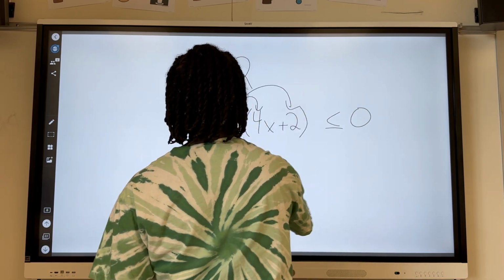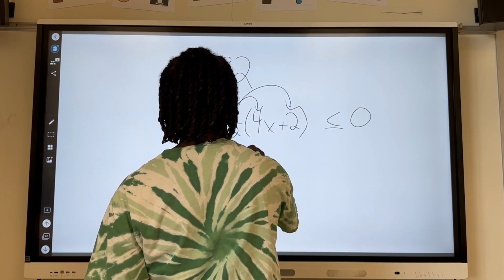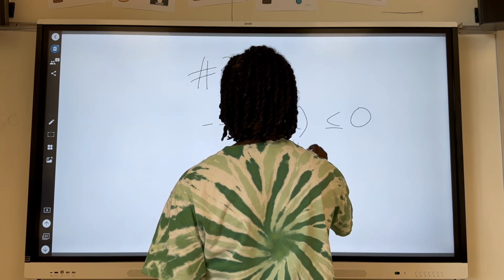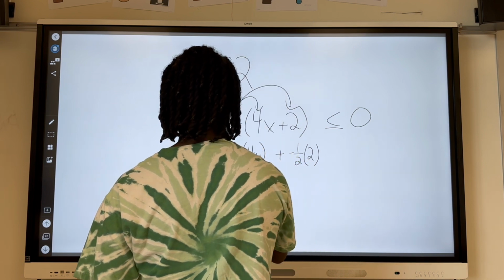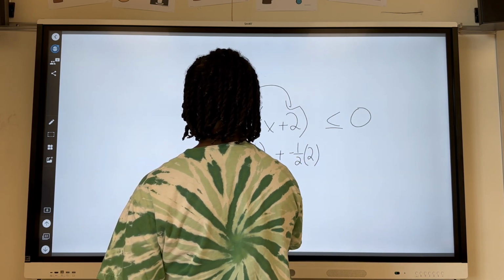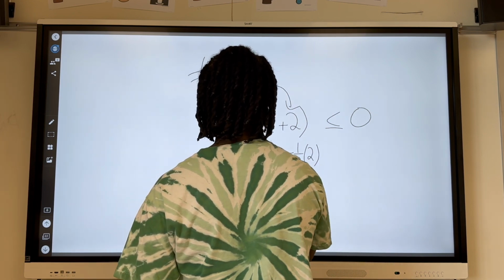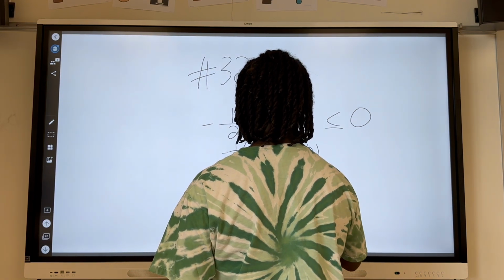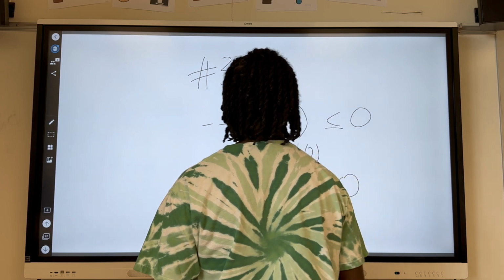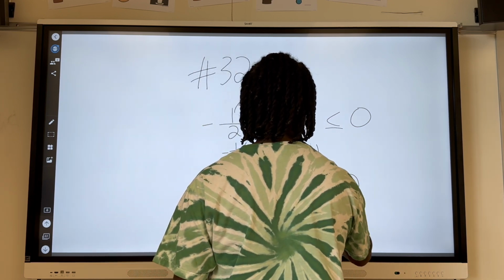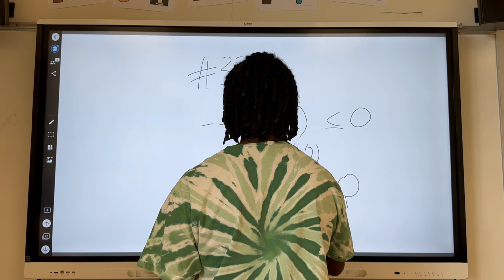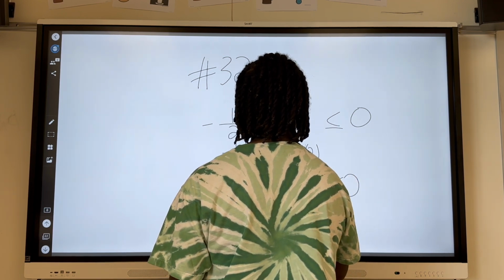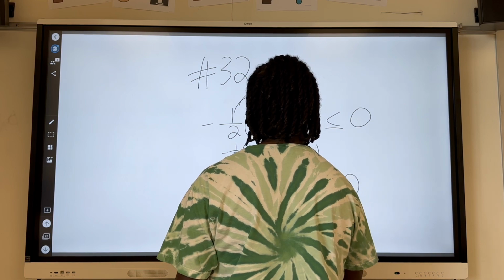Got to do the distributive property, -1/2 times 4x plus -1/2 times 2. -1/2 times 4 is going to give me -2x. -1/2 times 2 is going to give me a -1. Okay. Now, inverse operation, plus 1, -2x is less than or equal to 1. Divide by -2, divide by -2.